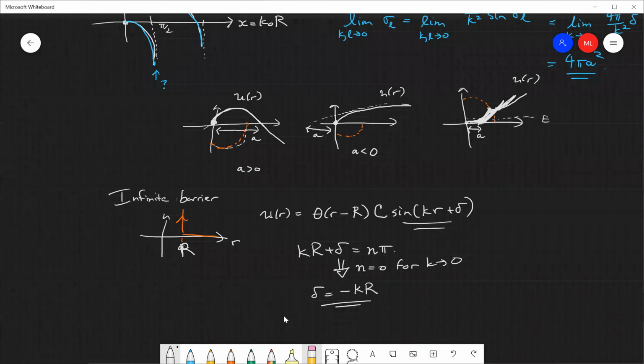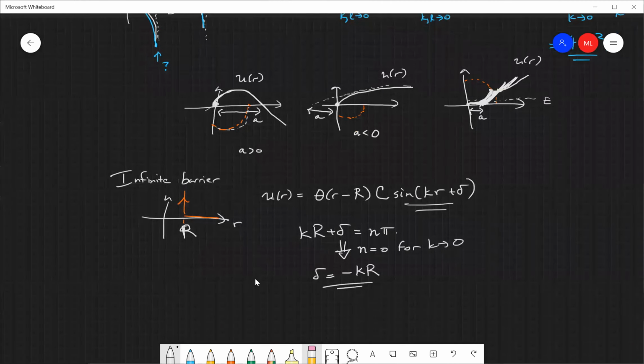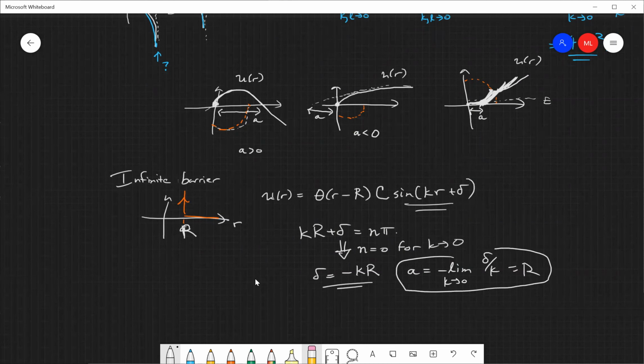And then it's really quite easy. The scattering length again is minus the limit as k goes to 0 of delta over k. So it's just R. So as promised, the scattering length is just equal to the size of the barrier.